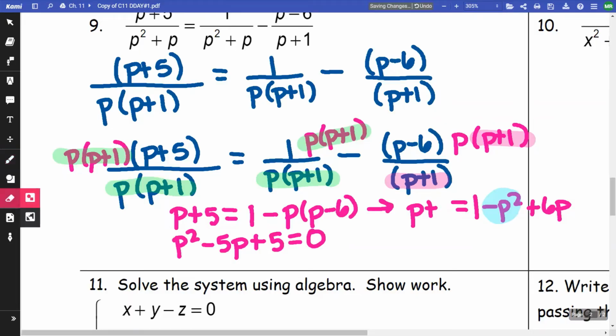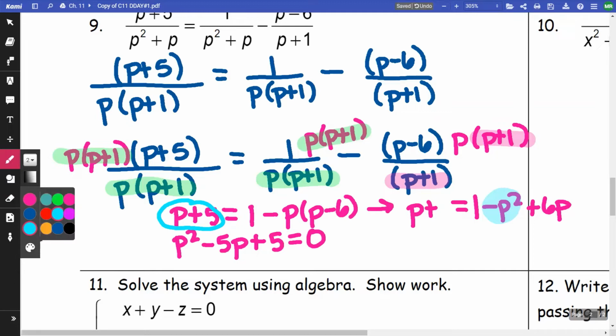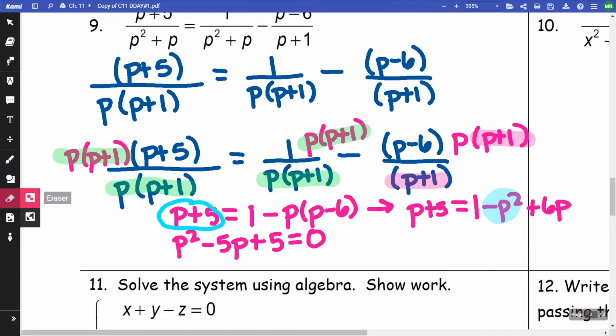The original problem here was a p plus 5. So this is going to still be over here a p plus 5. I haven't done anything with that. Okay, so now let me think about this. I'm going to add the p squared over.